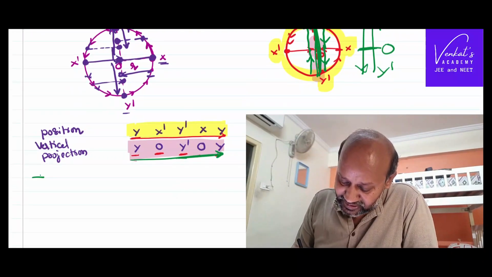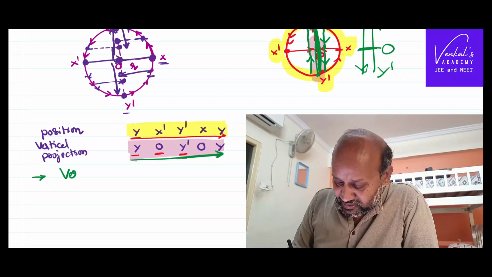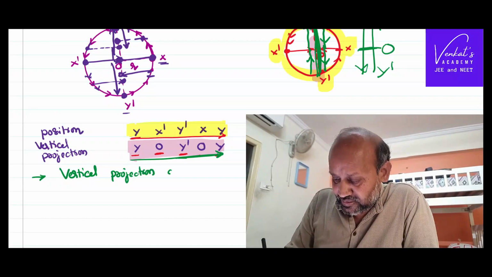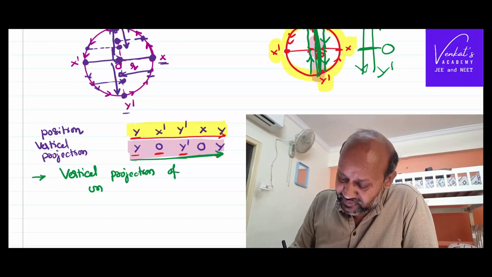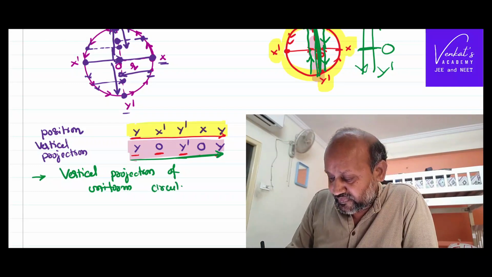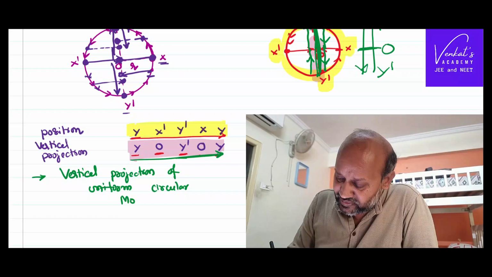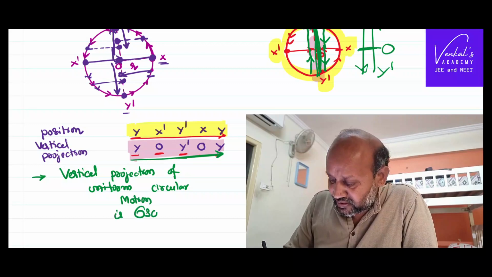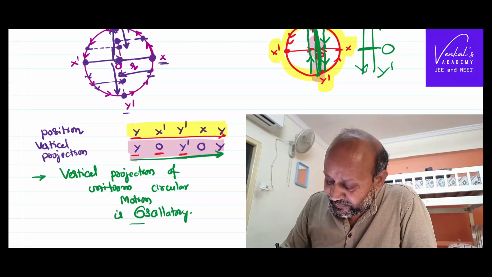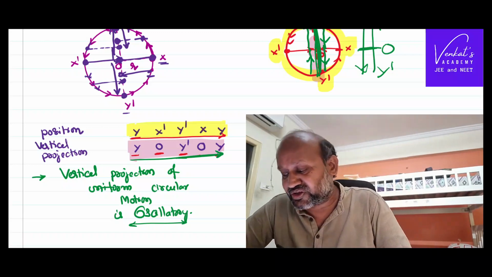So the first thing that I have proved here is that the vertical projection of uniform circular motion is oscillatory motion. Be careful to understand that I have not yet proved this as a simple harmonic motion.